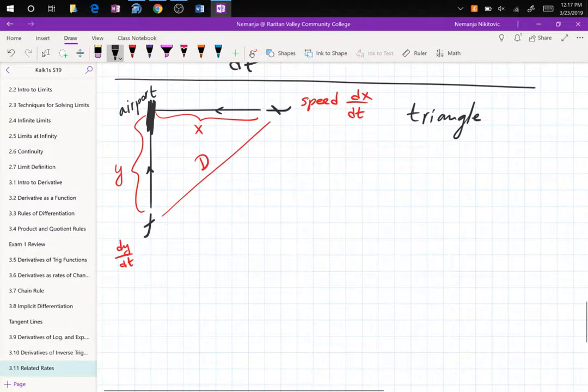Well, the Pythagorean theorem is good because I can write x squared plus y squared equals big D squared. And if I differentiate this in time, I'm going to get my dx/dt and dy/dt, and I will also get dD/dt. What is dD/dt? What is this?